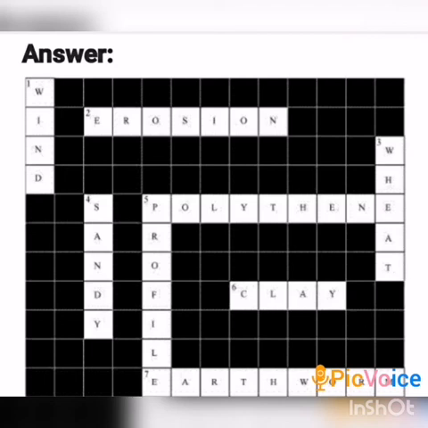Then fifth down, collective name for layers of soil. The cross section of distinct layers of the soil is called soil profile. So the answer for fifth down is profile. Okay, children, write the answers in your note and book.